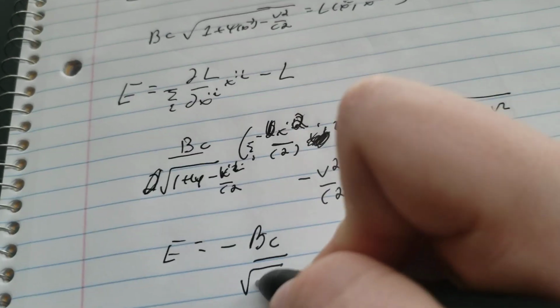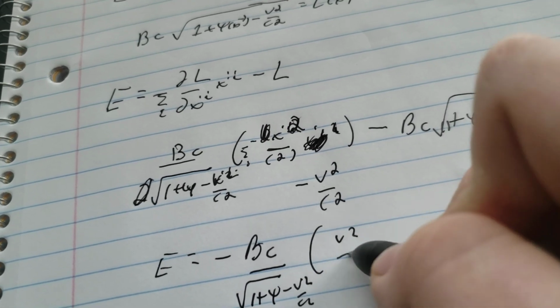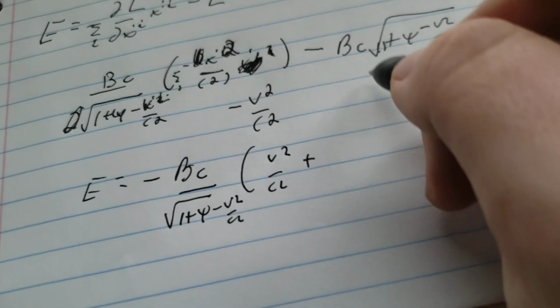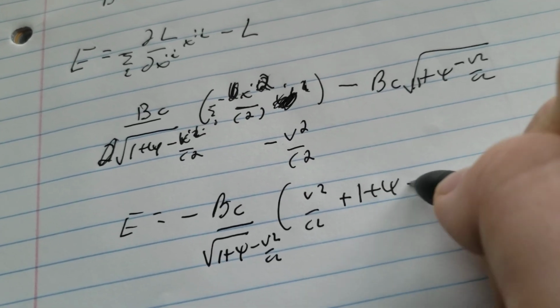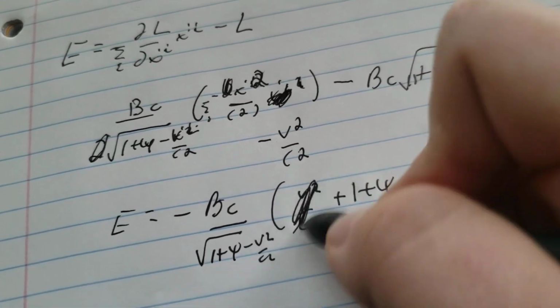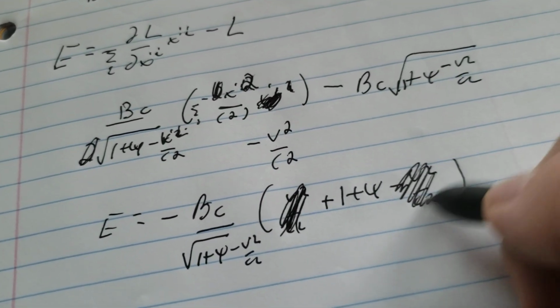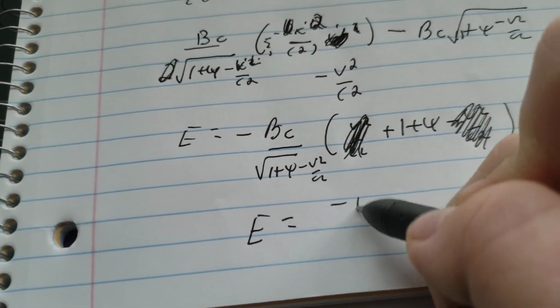Pull out that factor of 1 plus psi minus v squared over c squared, and when you pull that out, that'll just square that, so it'll just be 1 plus psi minus v squared over c squared. And we get E equals negative BC.